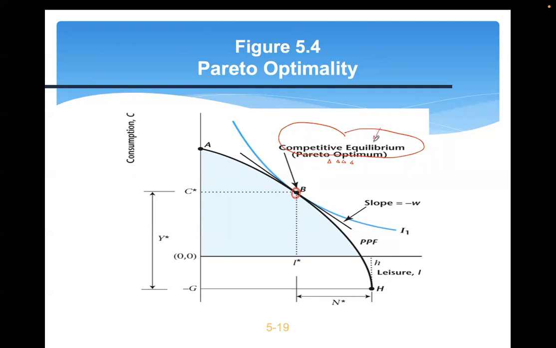This is what we define as competitive equilibrium. But now we also need to show this competitive equilibrium is Pareto optimal. Actually, Pareto optimal is simply looking at these two. And then we have no way to improve one without sacrificing the other.